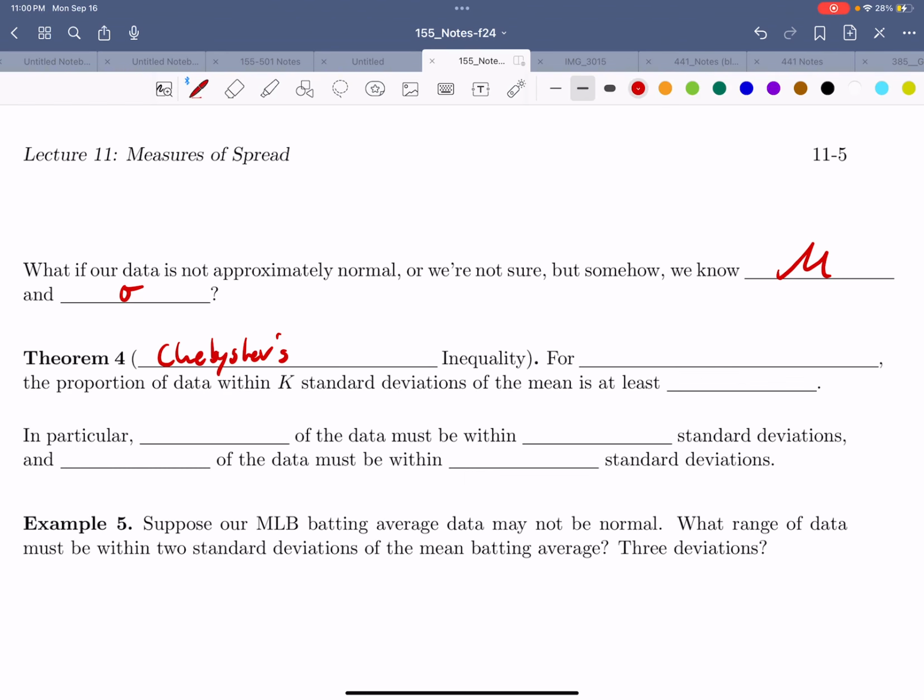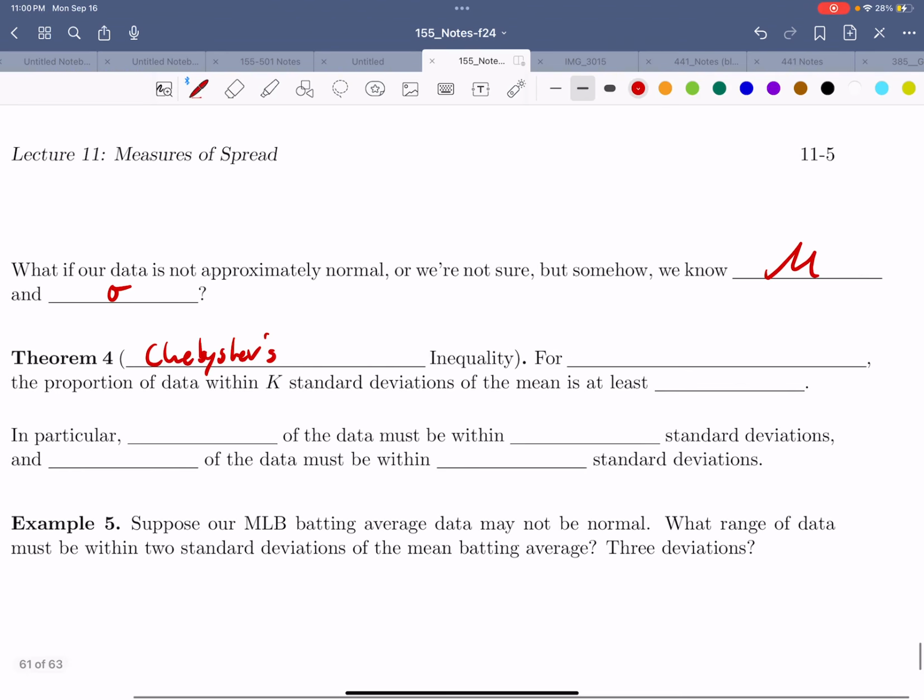What Chebyshev's inequality says, for any distribution, normal or otherwise, the proportion of data within k standard deviations of the mean is at least 1 minus 1 over k squared.